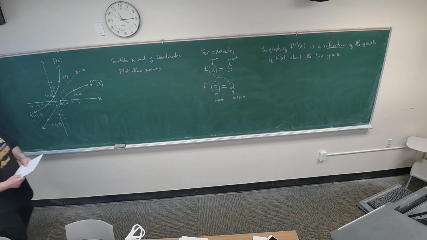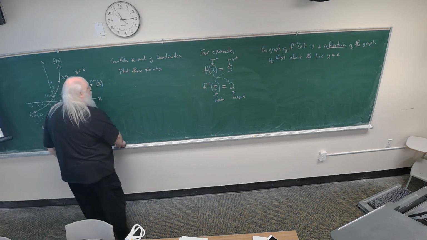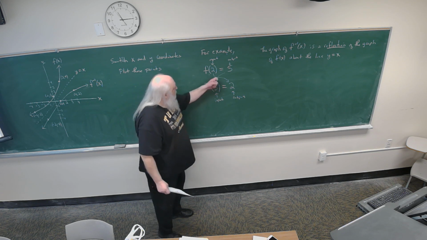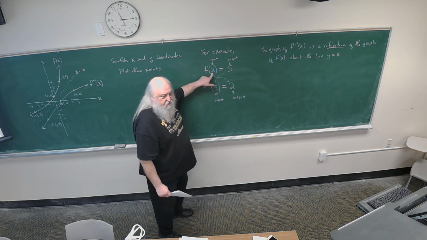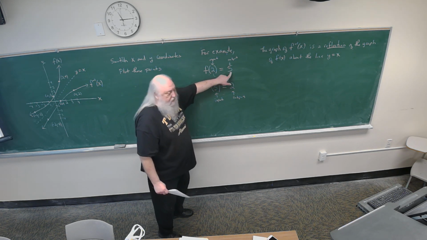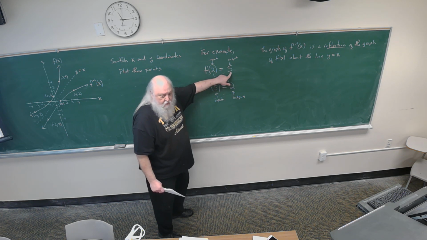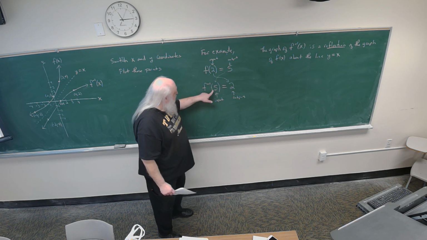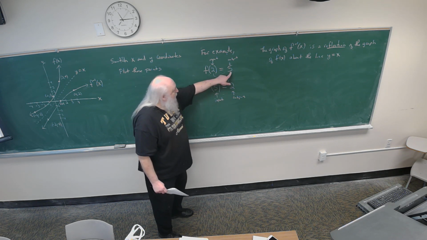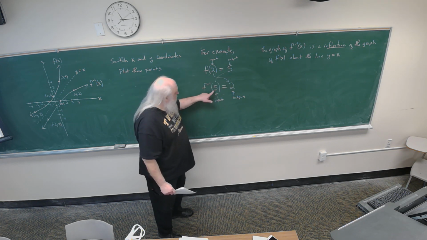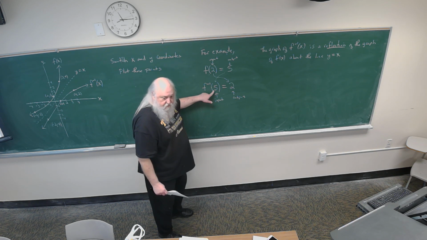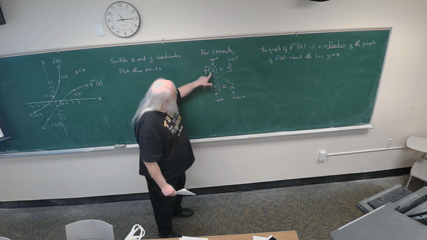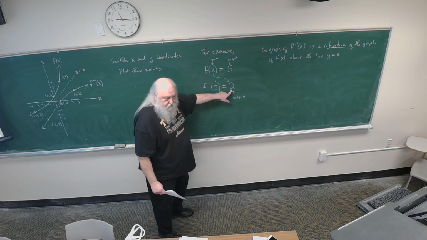Okay. All right. So there are a couple of important properties, right? So remember, what goes into f of x is called the domain, and what comes out is called the range, right? Well, in this case, what comes out of f of x goes into f inverse, so the range of f of x is the domain of the inverse function. And what goes into f of x comes out of the inverse.